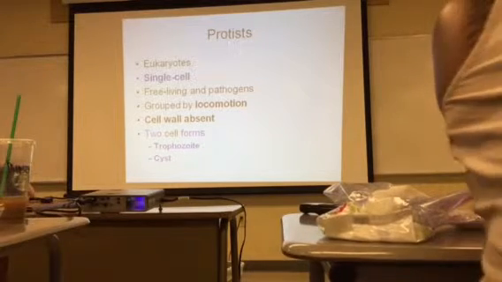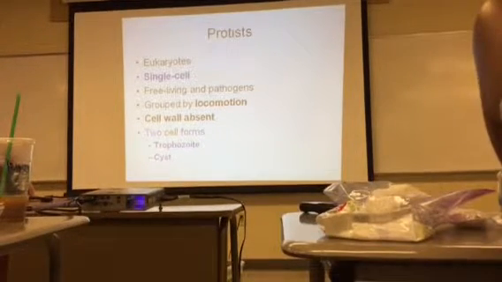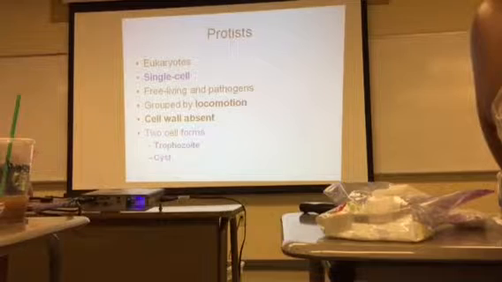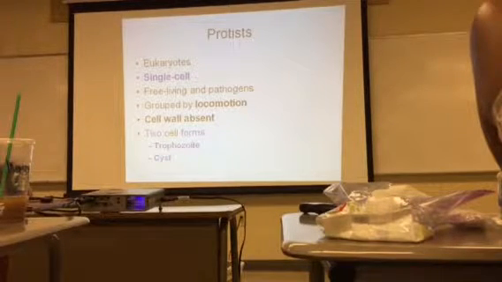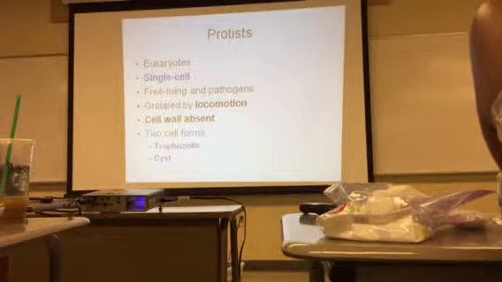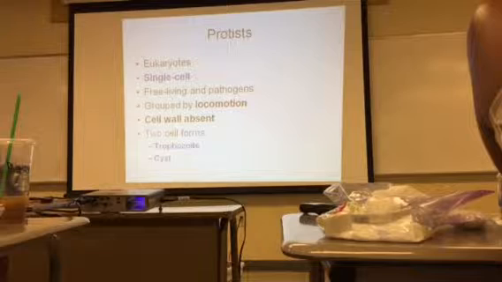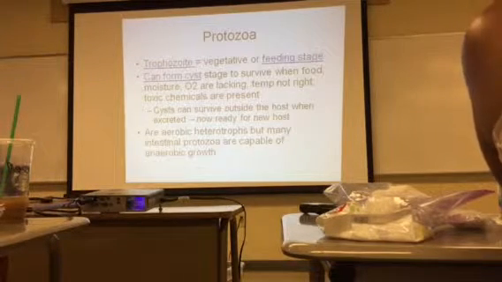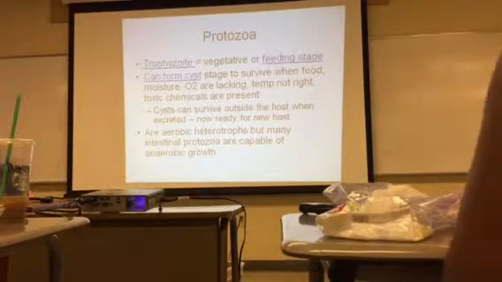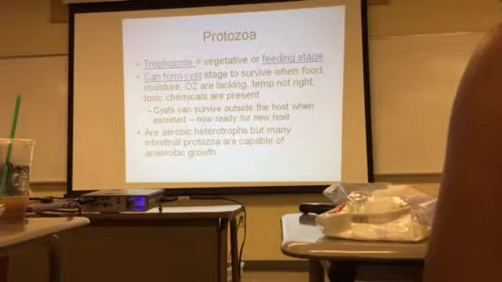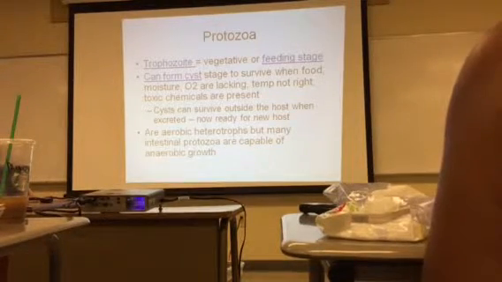One is a trophozoite, that's the feeding, metabolically active part of a protozoan, or they can make a cyst. They usually make a cyst if they want to travel someplace else, go out and infect something else. You can form a cyst to survive when food, moisture, or oxygen are lacking, temperature is not right, or there might be toxic chemicals.